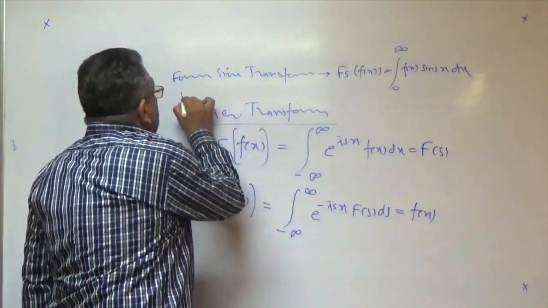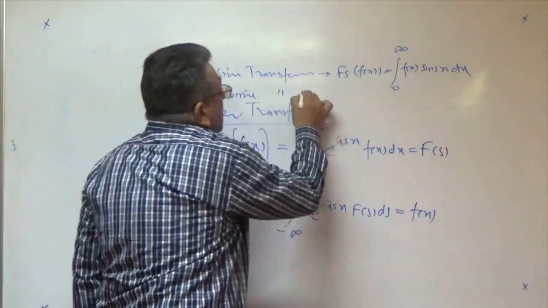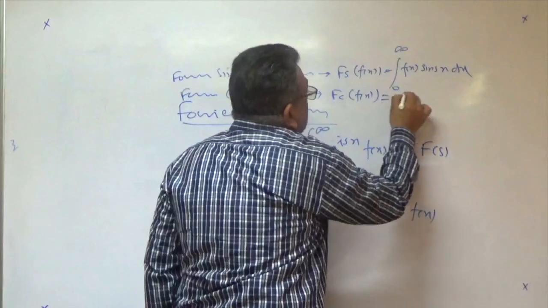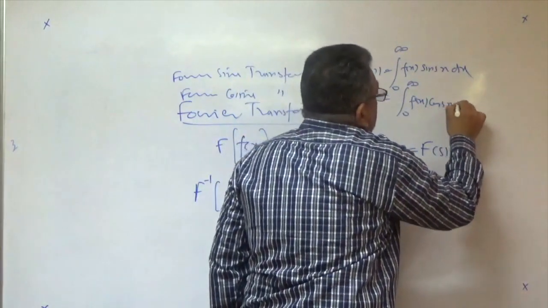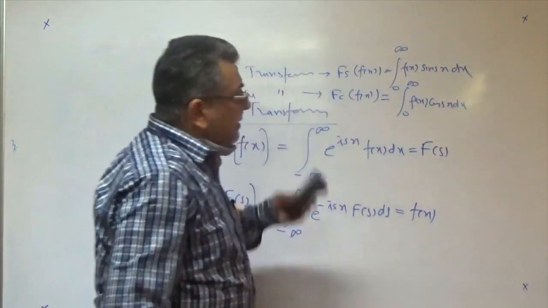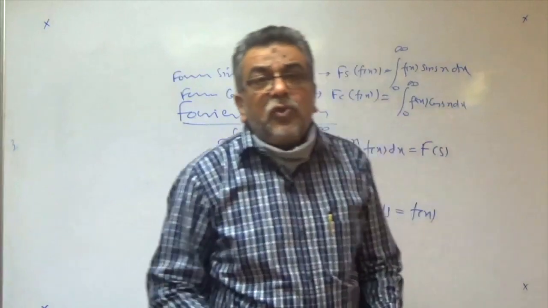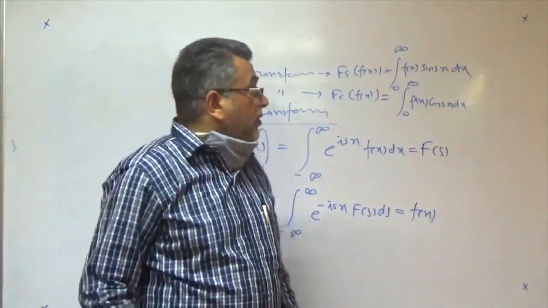The second is the Fourier cosine transform, Fc of f(x), the integral from 0 to infinity of f(x) cos sx dx. Similarly, I defined the inverse Fourier cosine transform and inverse Fourier sine transform.